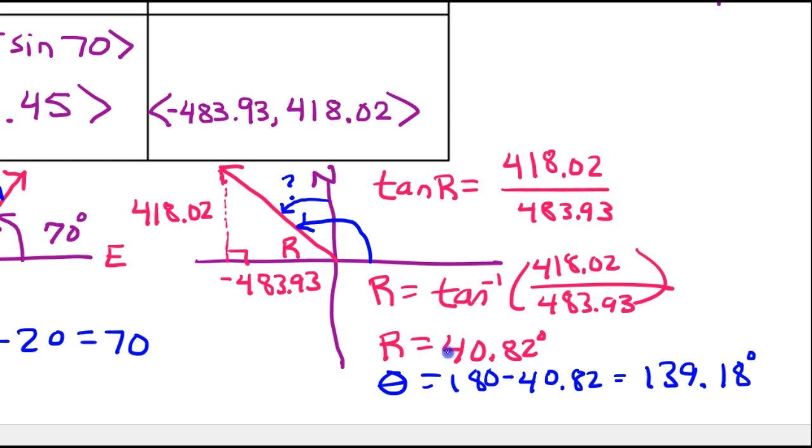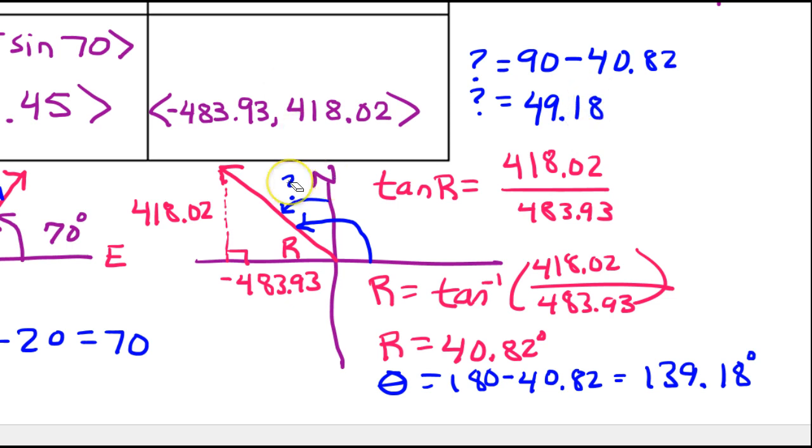So I'm just going to go 90 minus 40.82. Okay, so this little question mark that I just put is going to be 90 minus the R, minus 40.82. Okay, what's that? That is 49.18. So this little angle right here is 49.18.